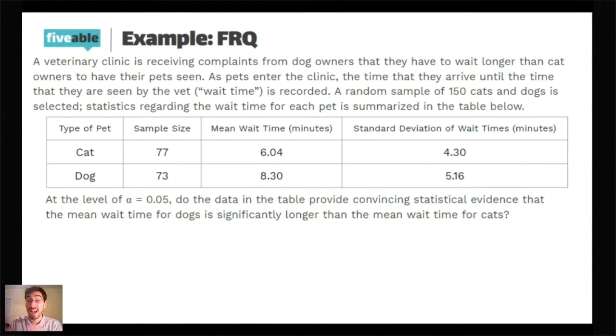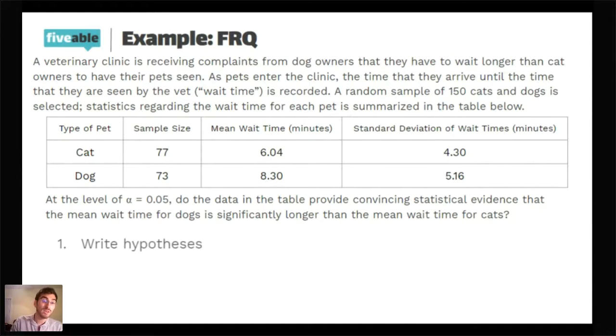And whatever comes after those 3 keywords is the alternative hypothesis, because that's what we're looking for evidence of. So if you don't know where to start, that's always a good place to start. Find the phrase convincing statistical evidence, look at what comes after it, or statistically significant. And whatever comes after that phrasing is your alternative hypothesis that we're looking to find evidence of. And then the null hypothesis can be written based on that.